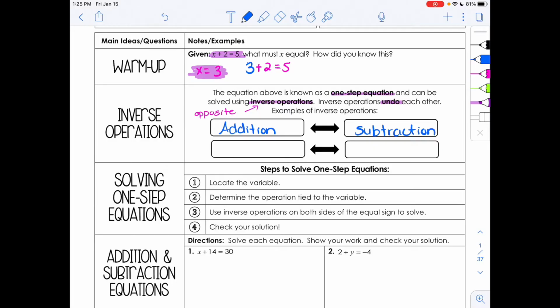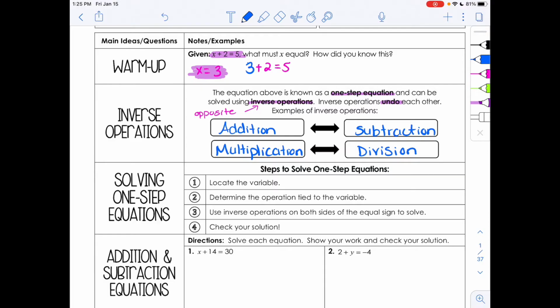If you have addition and you want to undo it, you do subtraction. If you have subtraction and you want to undo it, you do addition. Then we have multiplication. The inverse or opposite operation of multiplication is division. And again, these two work vice versa, just like addition and subtraction. They're going to undo each other.